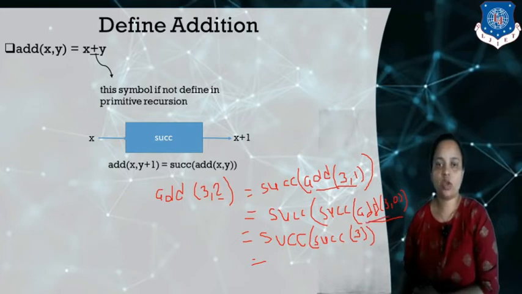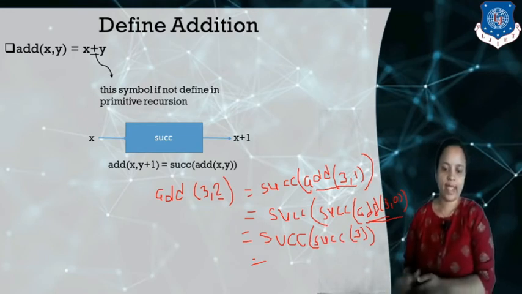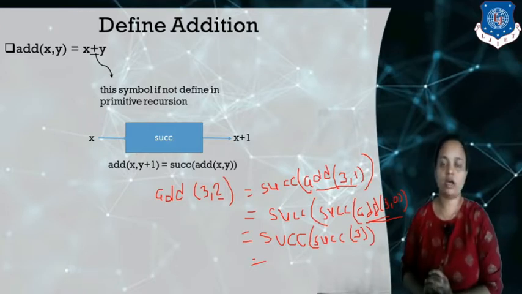Adding 0 to a number, which returns that same number, is our base case, and calling the successor function recursively is our recursive step. The base case and the recursive step are both fundamental to defining a primitive recursive function.